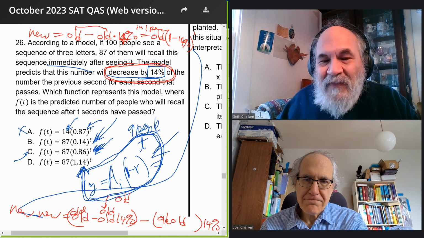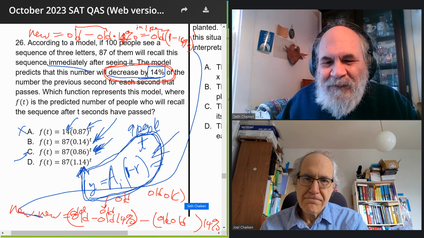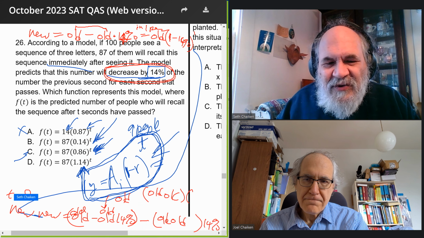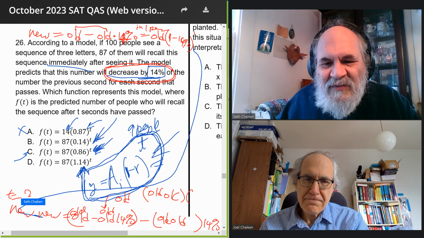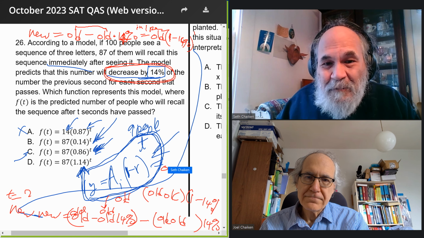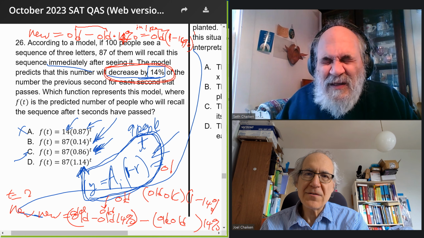So we have the old times the factor for t equals 2, and the old times 1 minus 14% again. And the old is the old times the parentheses thing.